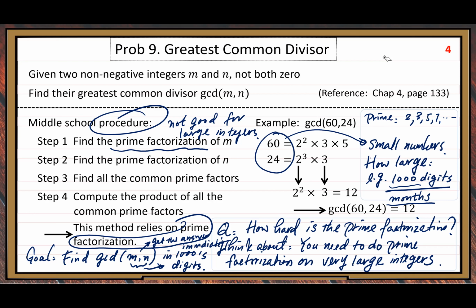And later, I explained this prime factorization could be very slow when you need to factorize a large integer. How large? I used a 1,000 digit example. It could be as slow as a few months. That's what we covered last time.